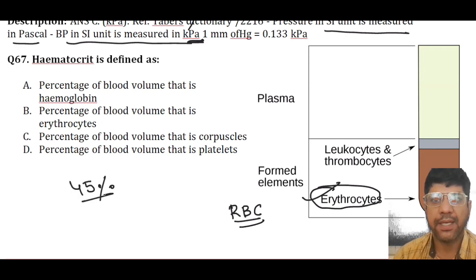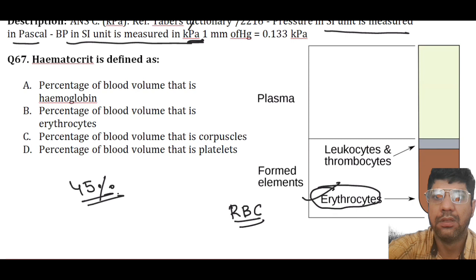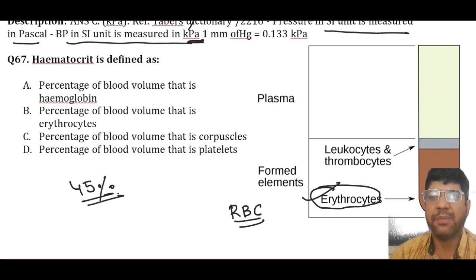So hematocrit is a blood test that measures the volume percentage of red blood cells in the whole blood. It provides information about the proportion of red blood cells in the blood.